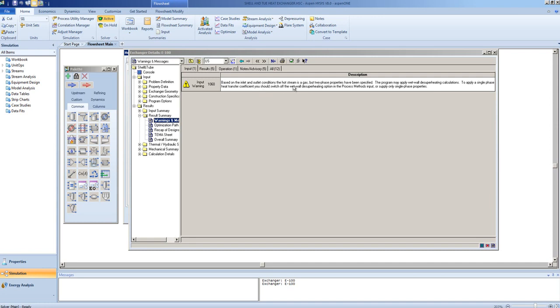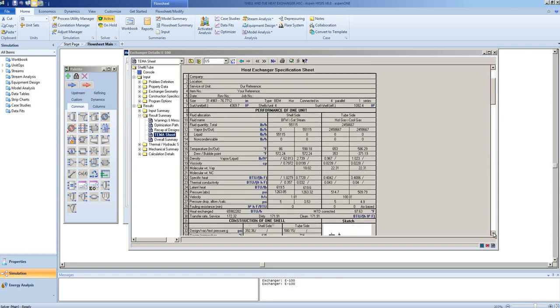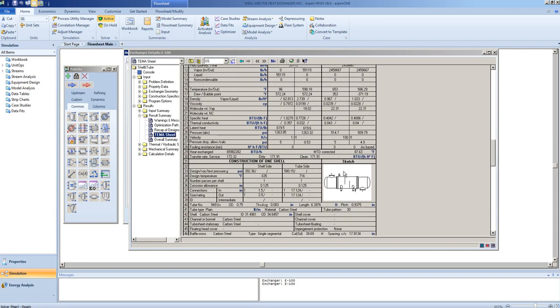Here they are saying that we specified 2-phase properties, but only a single phase was detected. We can even get a TEMA sheet for the exchanger. Note, if you have an exchanger in service already, it will have a design and a TEMA sheet.